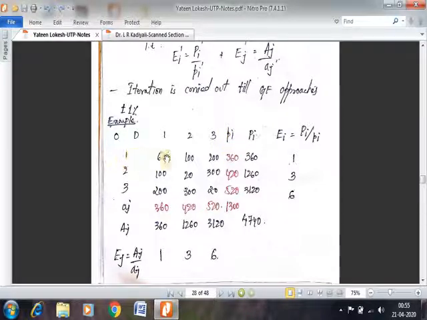So the total number of trips that are getting generated from zone 1 is 360, from zone 2 is 420, from zone 3 it is 520. I think you already are aware of how this 360, 420 and 520 has come. 60 plus 100 plus 200 is 360. Similarly, 100 plus 20 plus 300 is 420, and then 200 plus 300 plus 20 is 520.